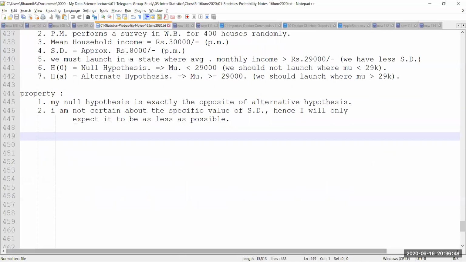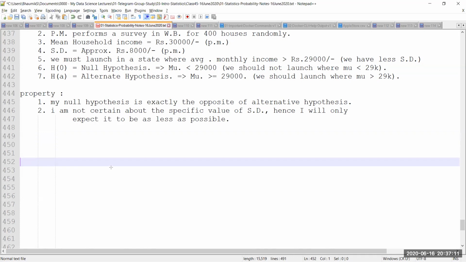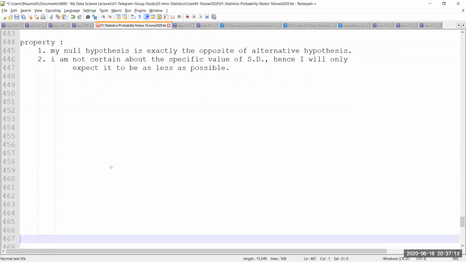Now, taking this as the context, let's go ahead and see how we are going to solve this problem. What we are going to do is draw a diagram. We are simply going to draw the sampling distribution, and then based on the sampling distribution, we are going to do our activities, right? So let me increase the space over here so that I can draw.